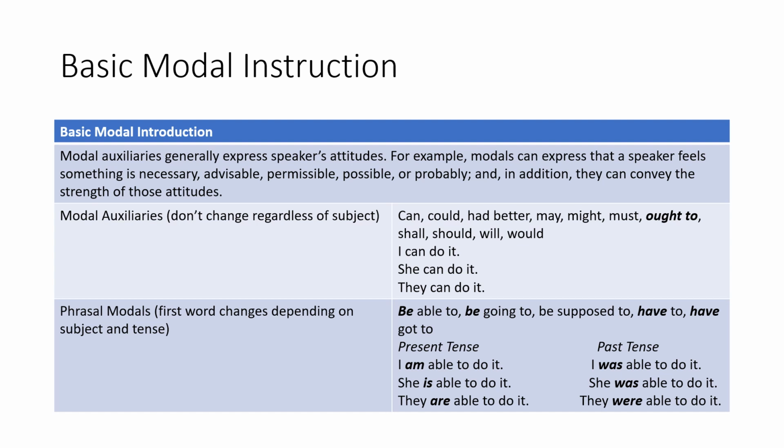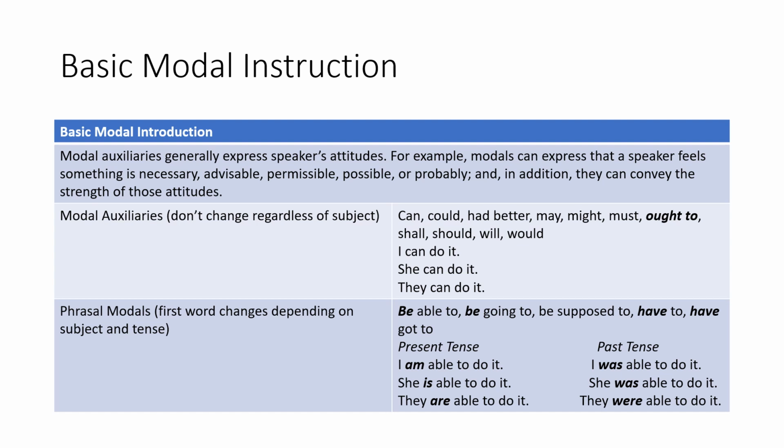One of the mistakes that we see in ESL sometimes is that people want to put the word to after a modal, because in other languages that might happen. So people might say you must to do it, right? But with these ones, except for ought to, you're not going to use to. So in this one, the subject's I, it's can; she, it's can; they, it's can. It doesn't change at all.